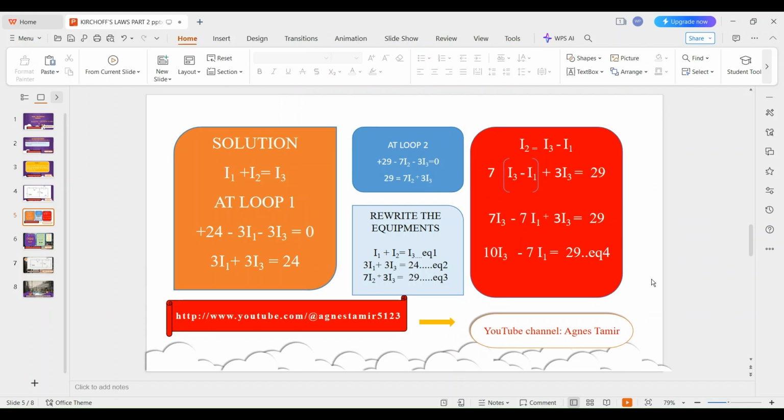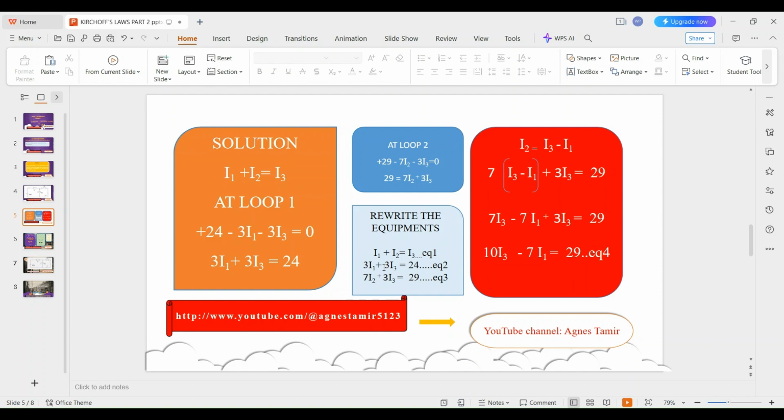So that is our equation number 4. Now we can work with equation 2 and equation 4. Let's rewrite them. Equation 2 is 3 I1 plus 3 I3 is equal to 24. This is equation 2, and this is equation 4.